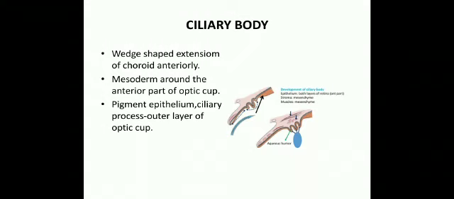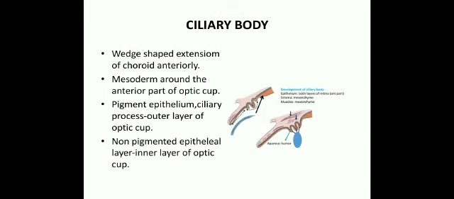The pigment epithelium lining the inner aspect of the ciliary body, including the ciliary processes, is derived from the outer layer of the optic cup, and the non-pigmented epithelial layer forms from the inner layer of the optic cup.